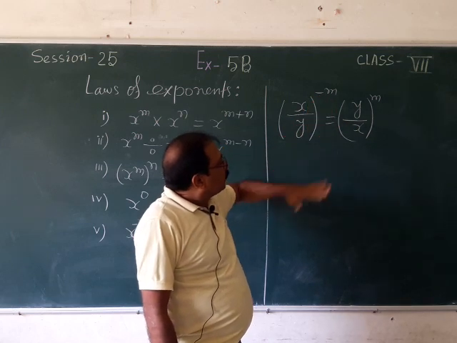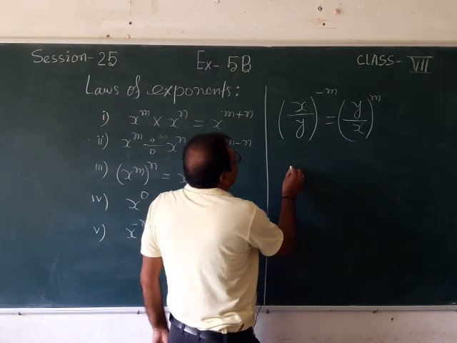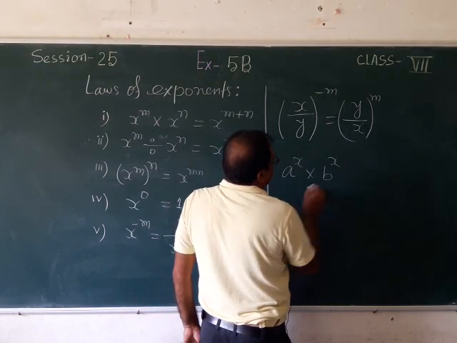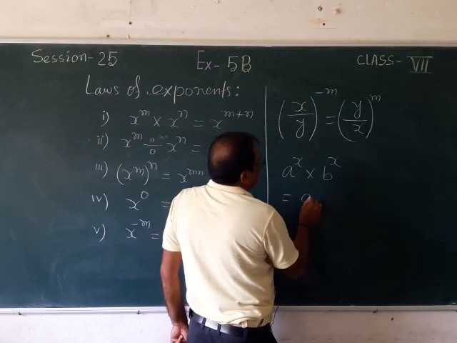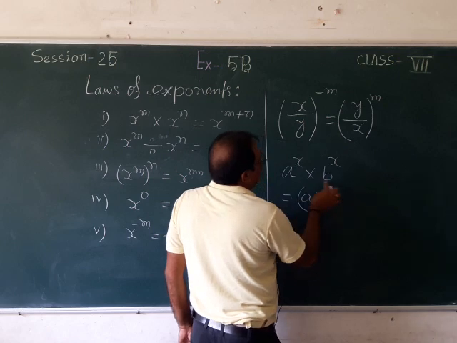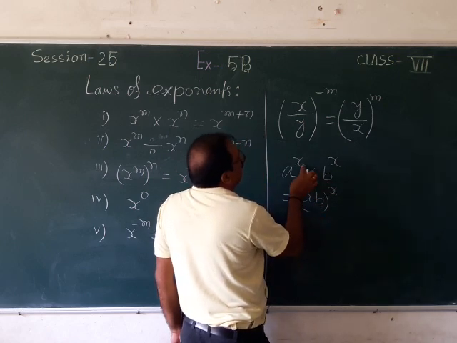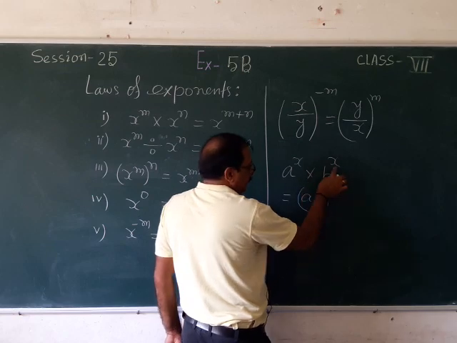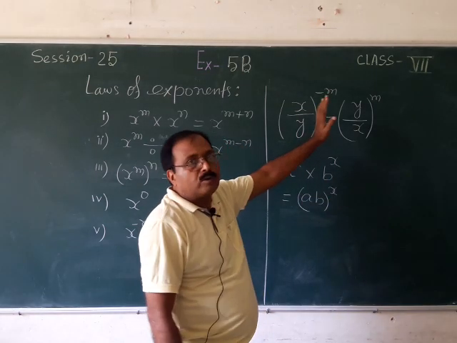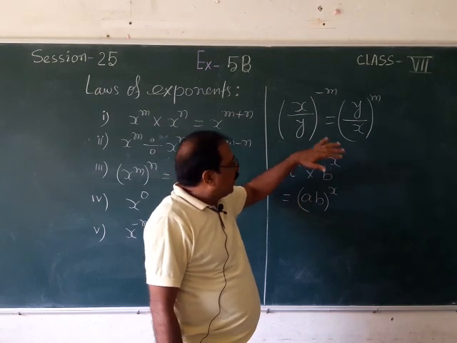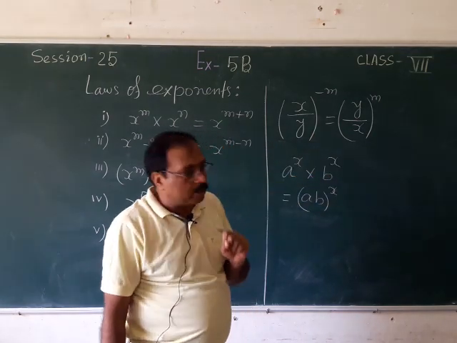Like that, suppose I am writing a to the power x multiplied by b to the power x, then you can write it as a b to the power x. That means a into b, and if the powers are the same, the power can be taken as common because x is the power. These are not rules, these are some understandings you have to keep in mind, and they will be applicable when you solve the questions.